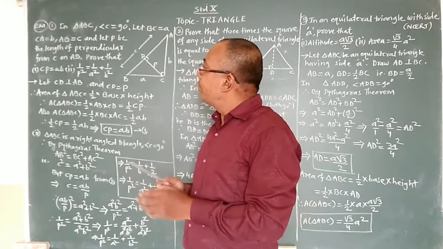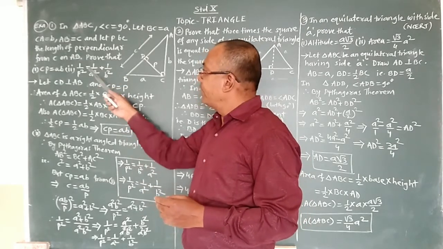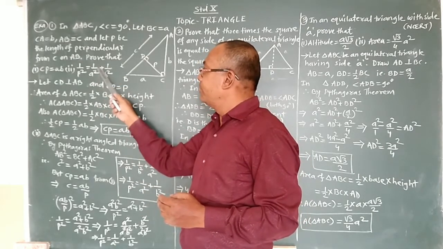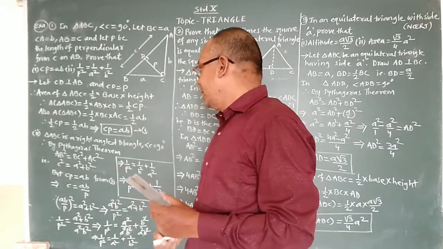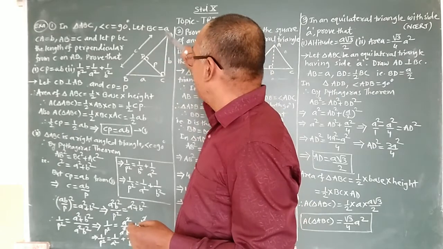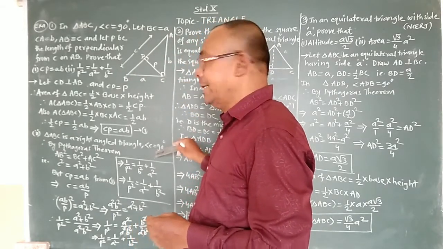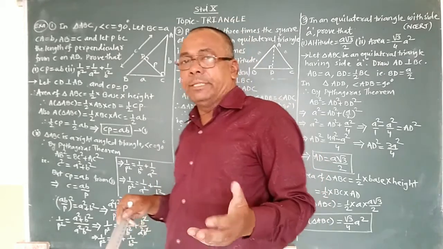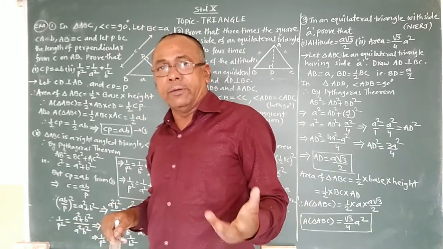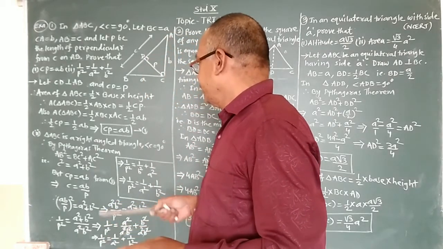Now, to prove the second question, that is 1 upon p square is equal to 1 upon a square plus 1 upon b square. Again, we will consider that triangle ABC is a right angle triangle and angle C is equal to 90 degrees. If ABC is a right angle triangle, then definitely we can apply the Pythagoras theorem here.